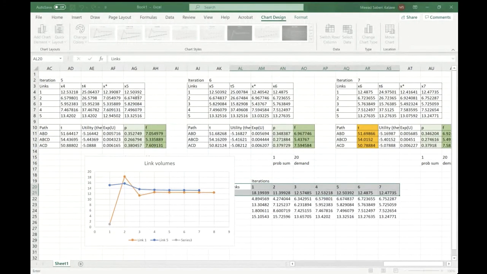Link 2, same thing with link 2. Link 3. And link 4. Sorry, that's not link 4, that's link 5. This is link 4.